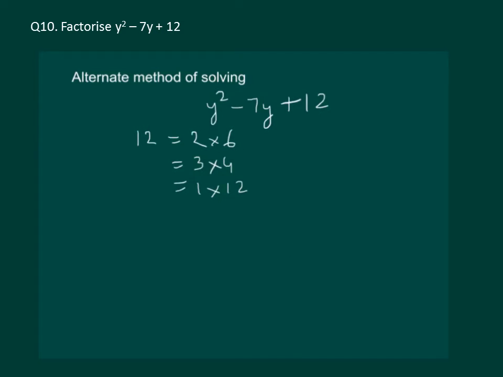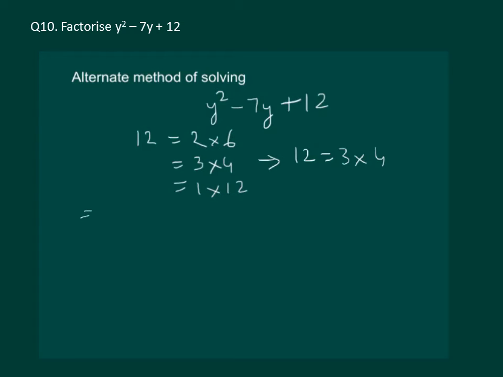Out of these multiples of 12, we will pick up that multiple which on addition or subtraction can give us 7. It is clear that 3 plus 4 can give us 7. So let us pick up 12 is equal to 3 into 4.